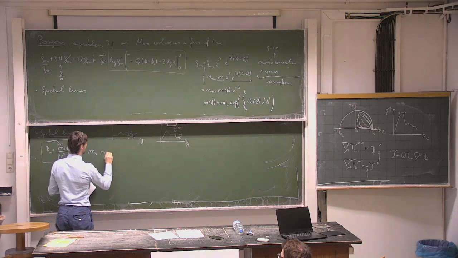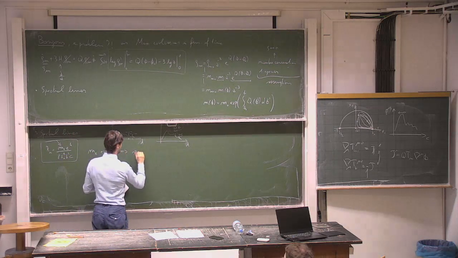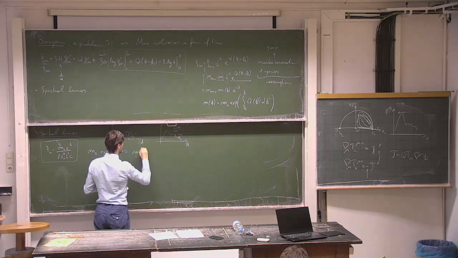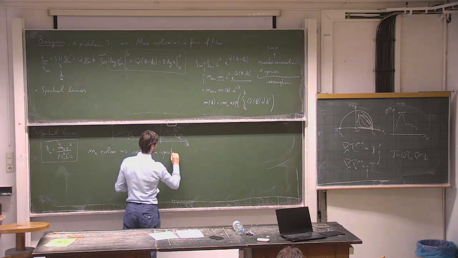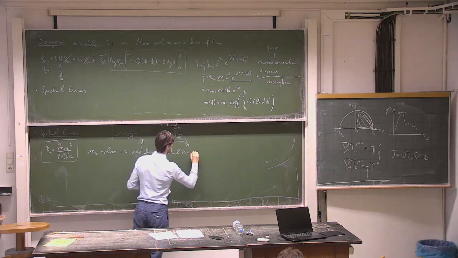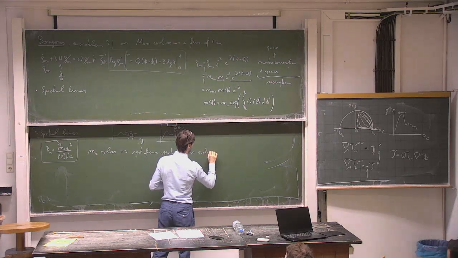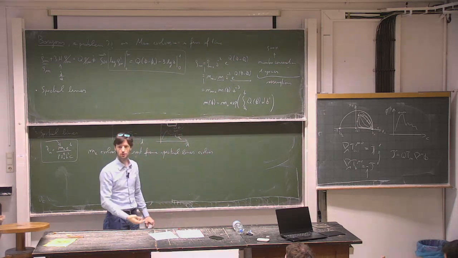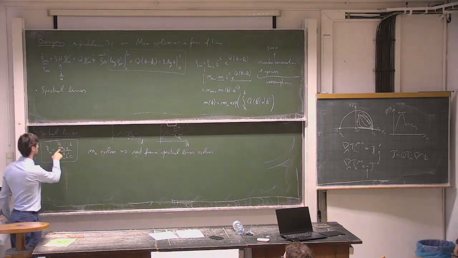And m_e evolves, so in the rest frame, the spectral lines evolve. They change position. That's because of this guy.